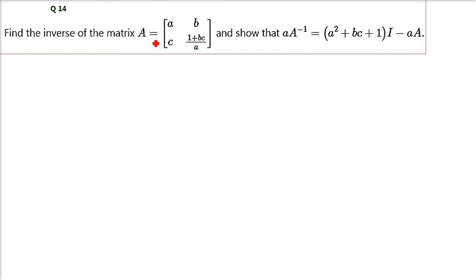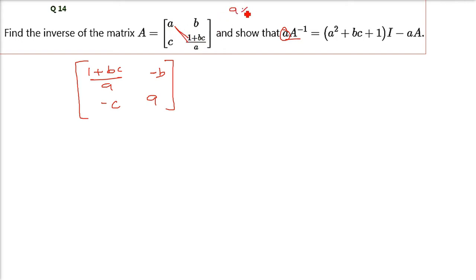We'll do it. A into A inverse. Let us find out the A inverse. Exchange the diagonal values. So 1 plus BC by A here, and then we will get A here. B and C, the sign we need to change: minus B, minus C. Now we have just found out the adjoint, and we have to find out the determinant also.